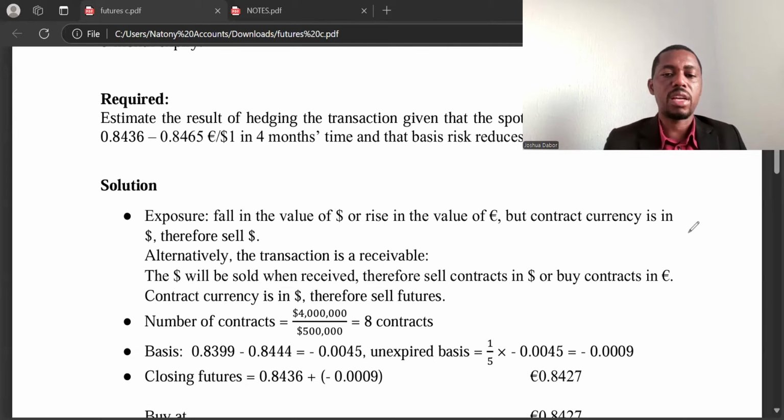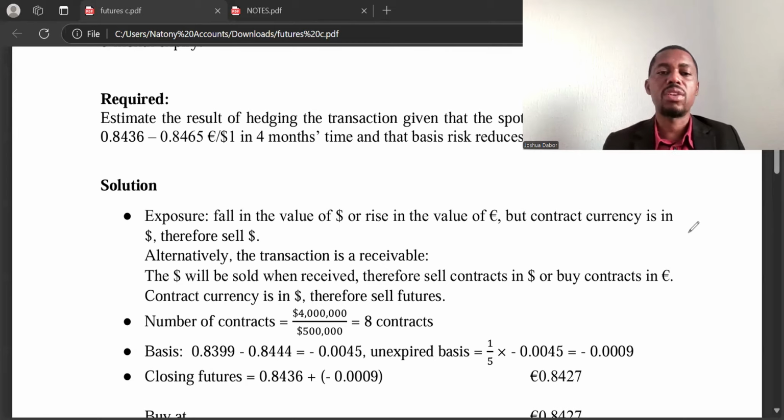The second step has to do with what's the number of contracts. So the number of contracts, as I calculated earlier, is the receivable amount over the contract size, which is 4 million divided by 500. That gives 8 contracts. So at this junction, you are left with the option, either you want to use the profit or loss method, or you want to use the lock-in rates.